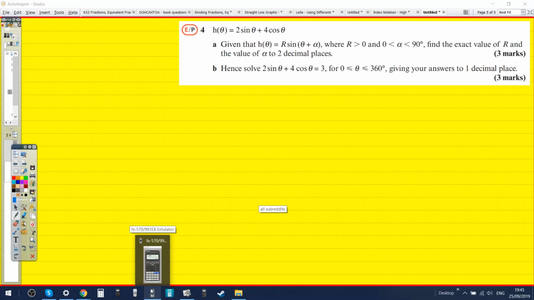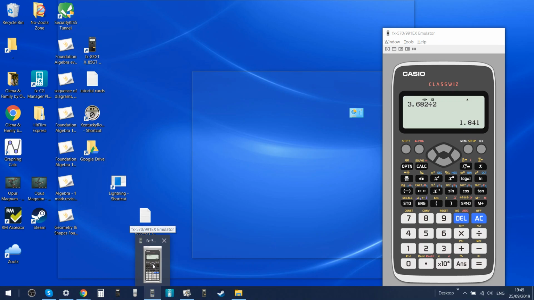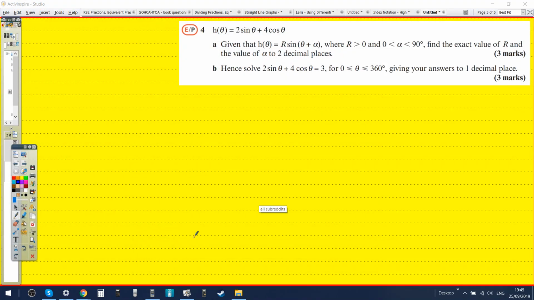Find the value of r. Okay, so first of all we can find r by doing the square root of 2 squared and 4 squared, and that gets you 2 root 5. So that's your r value.